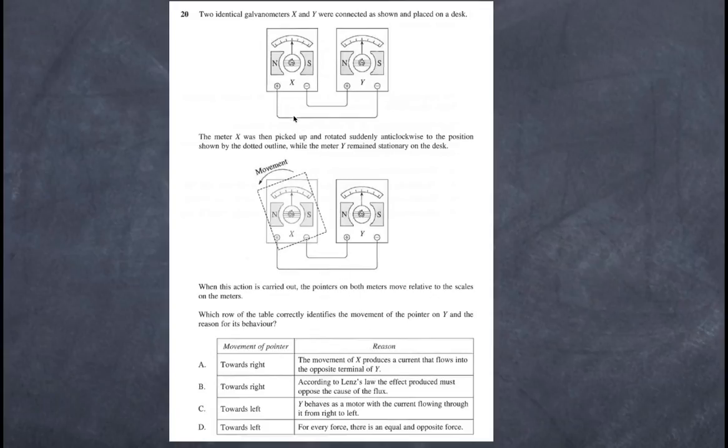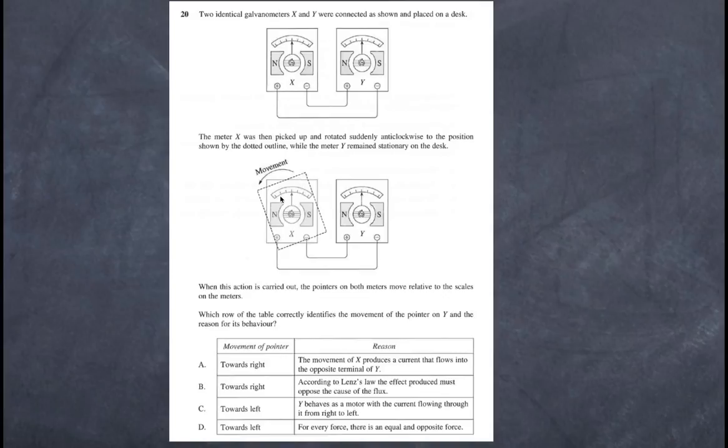The first thing to understand is that if this wasn't working as a galvanometer and we have a current flowing through it, then the current, of course, would enter at X and leave at Y. So it acts like a motor, and so we would have the needle deflect towards the right.